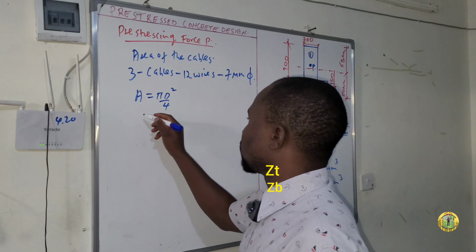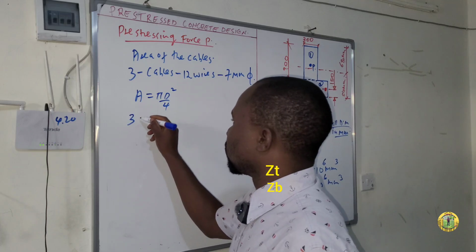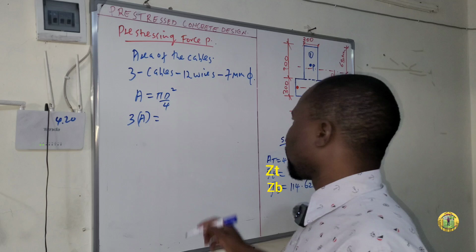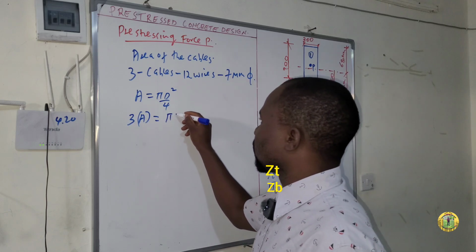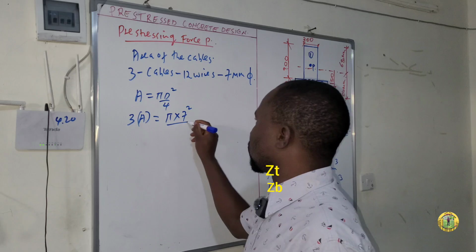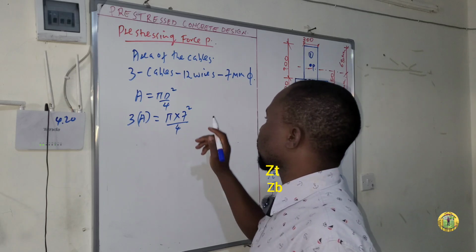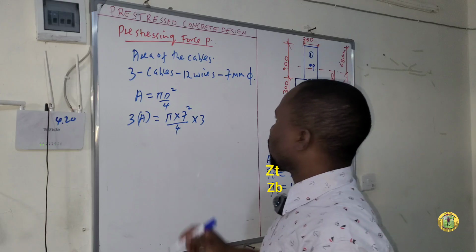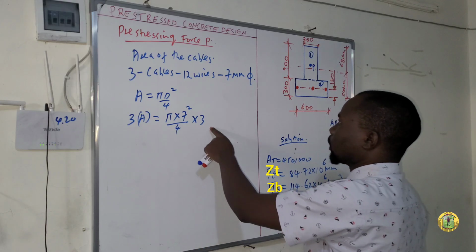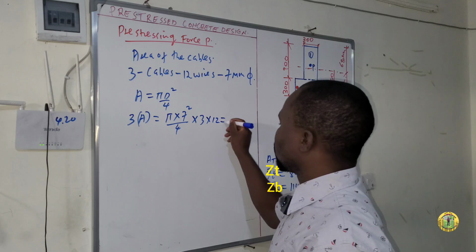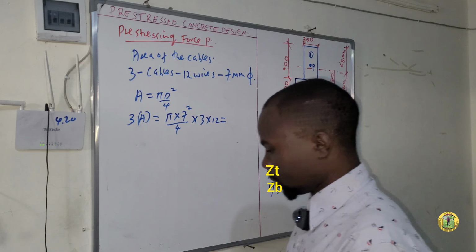So area for the 3 cables is equal to pi times d square over 4. Then the cables are 3. And each cable is containing 12 wires. So times 12. And then we will get the area.